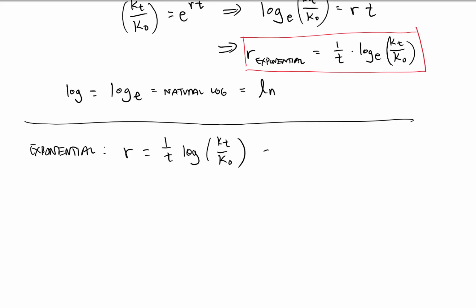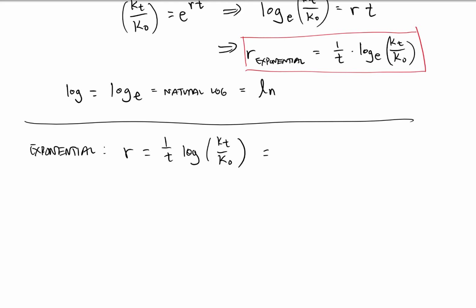It's equivalent. You may recall that the log of the ratio of things is the difference in the log. So the log of the ratio of kt divided by k0 is going to be the difference between the log of kt and the log of k0.